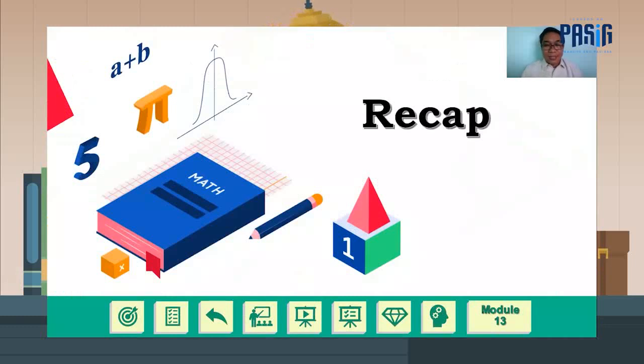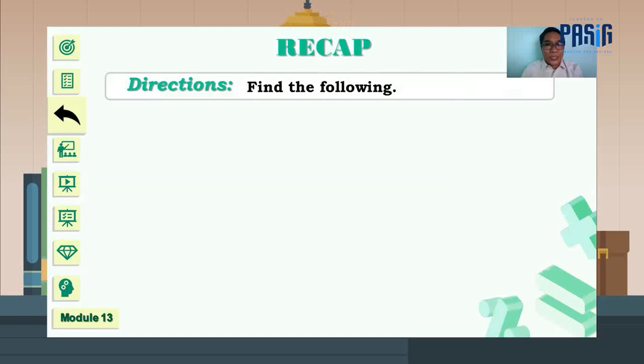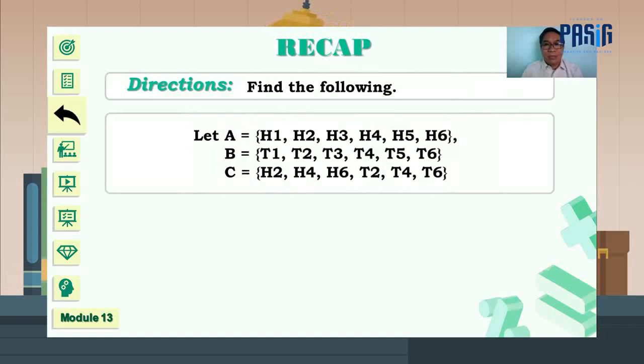Yesterday, in Module 12 rather, I discussed to you the union and intersection. So let us review if you still remember the lesson from Module 12. We have three events A, B, and C with their corresponding elements. Number 1, what is the intersection of A and C as well as B and C?